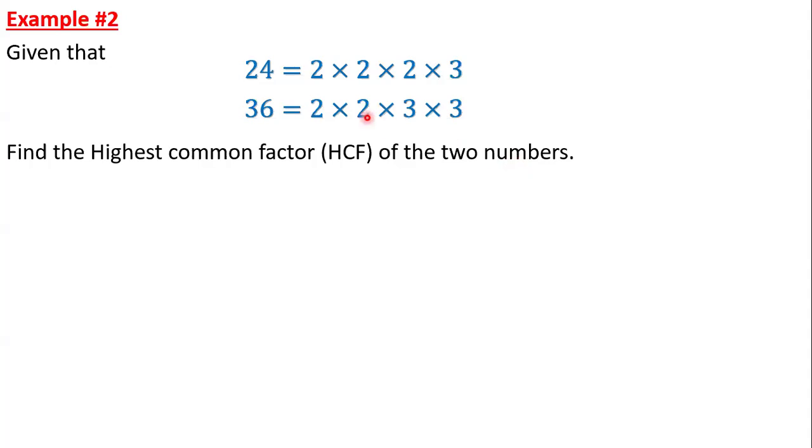Very good. So we have that 24 is 2 times 2 times 2 times 3, and 36 is 2 times 2 times 3 times 3. Our goal is to find the highest common factor of these two numbers.